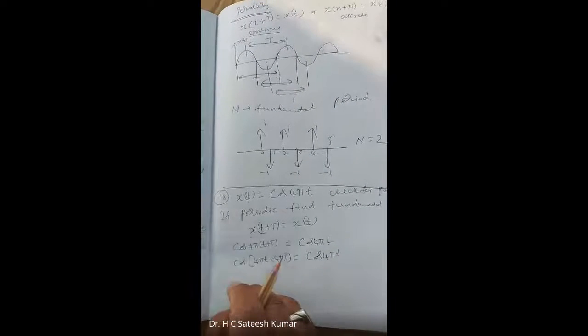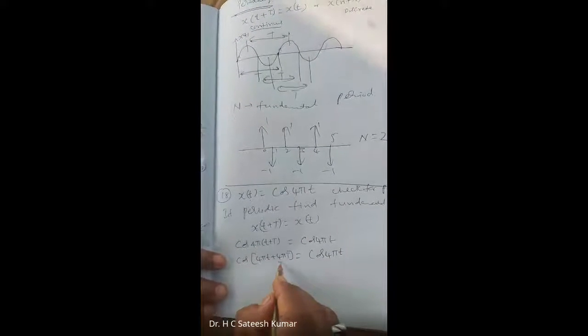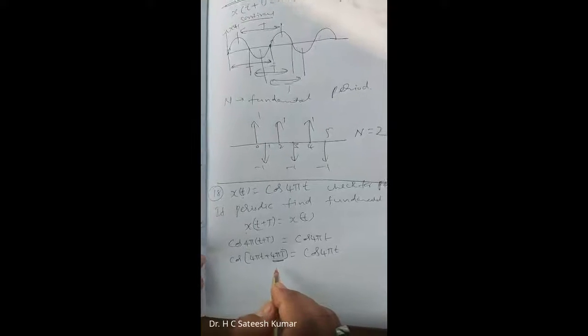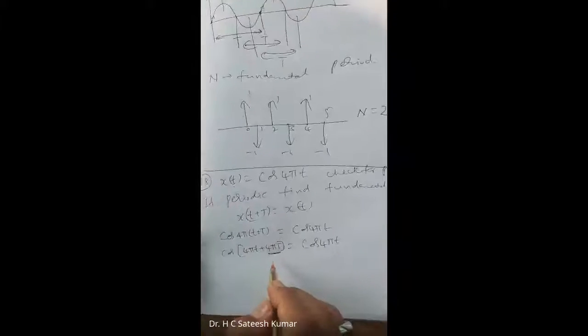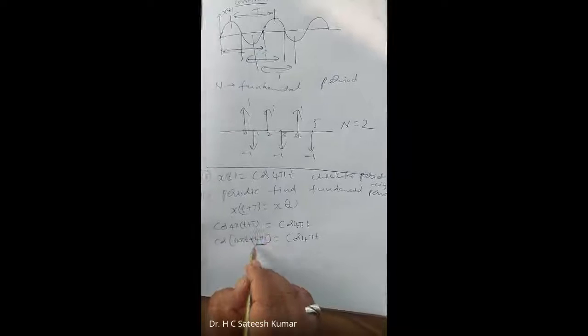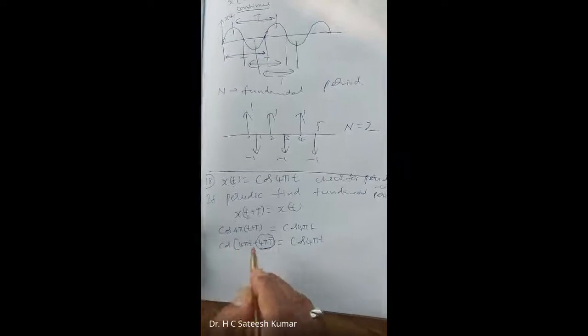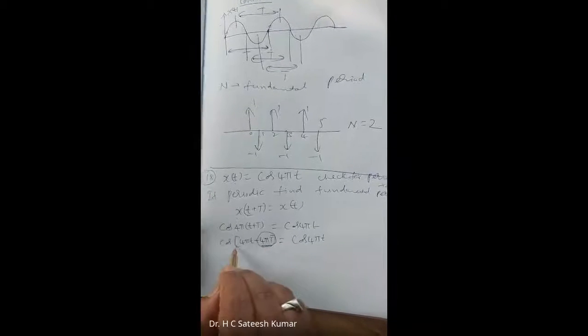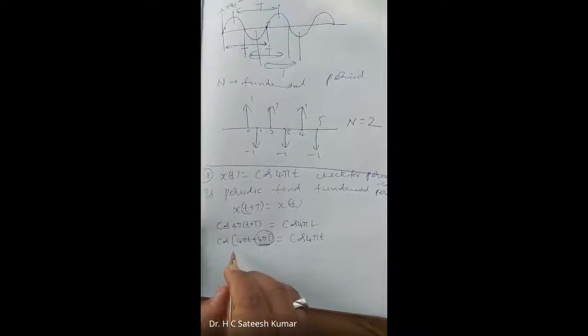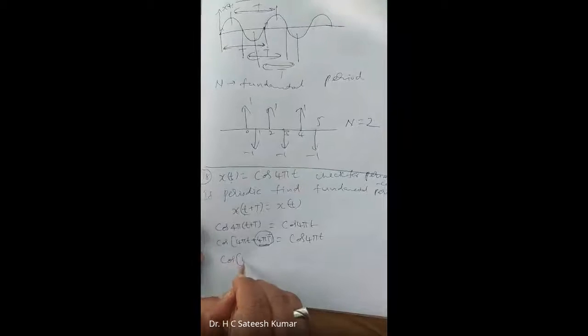When these two are equal, the first condition is this should become 0. Not necessarily 0. This term can be any multiple of 2 pi. That means 360 plus theta is also theta, and 720 plus theta is also theta.